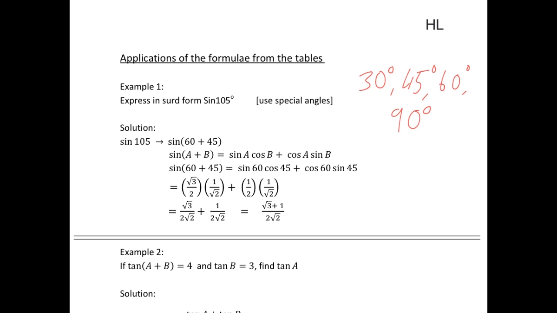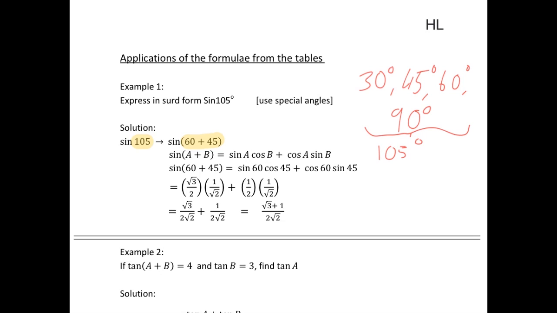So the easiest way to do this question is to split up this 105 degrees into a sum of two of these special angles up here. So the way we can do that is to realize that 105 is the same as 60 plus 45.